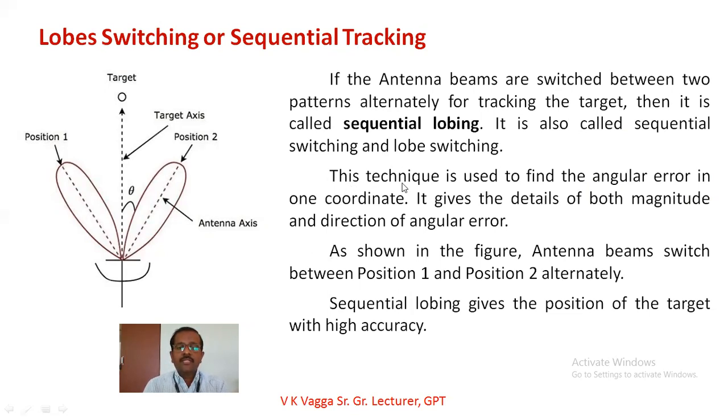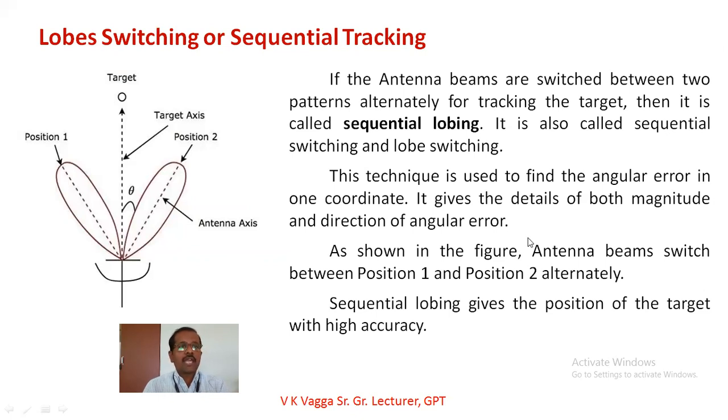In this technique, it is used to find the angular error in one coordinate. It is going to form one central axis, and after that it forms two positions. The angular error in one coordinate gives the details of both the magnitude and the direction of the angular error.